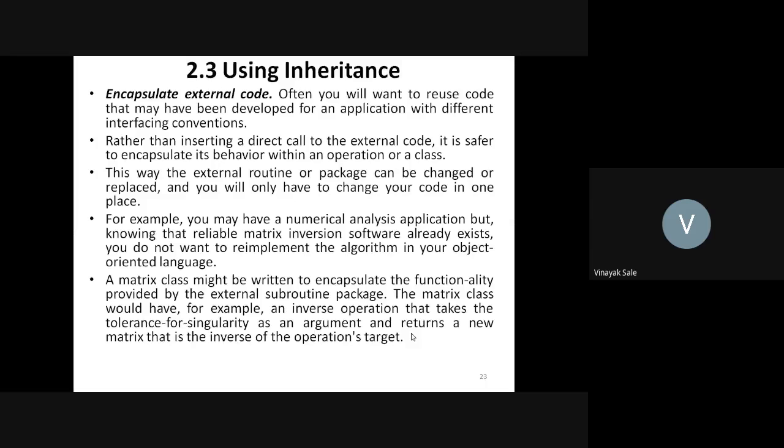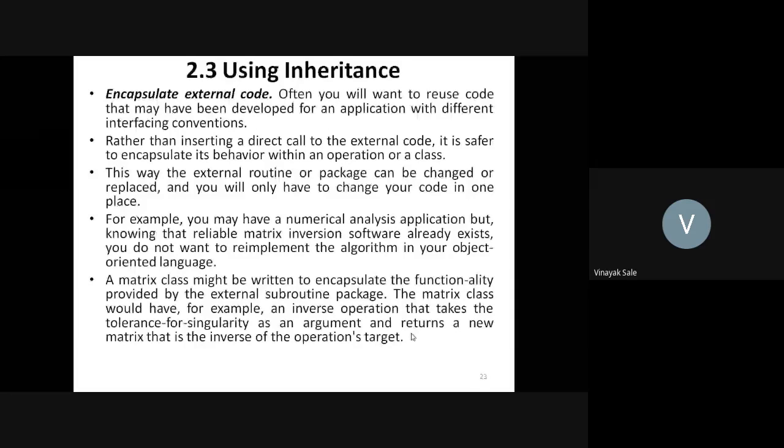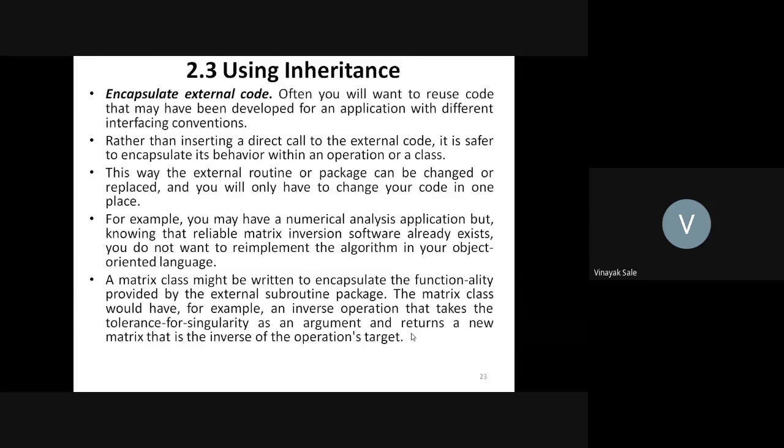Rather than inserting a direct call to the external code, it is safer to encapsulate its behavior within an operation or a class. This way, the external routine or package can be changed or replaced, and you will only have to change your code in one place.